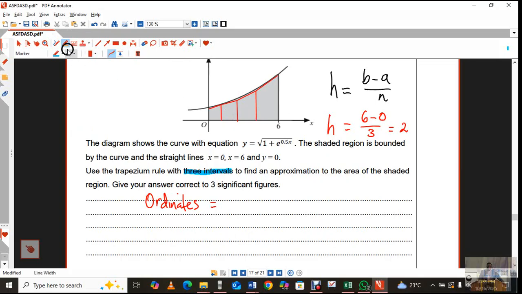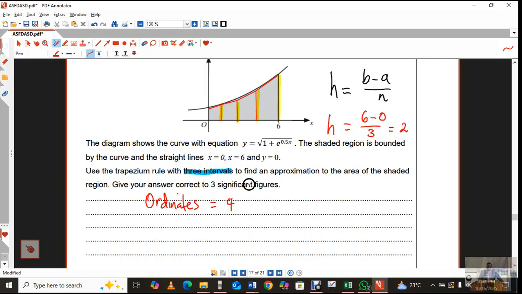In the Cartesian coordinate system, the y is the ordinate and the x is the abscissa. This is what we are referring to as the ordinates. The number of ordinates is always one more than n. So n is equal to 3, so there are going to be 4. And these are the number of trapezia that you can see. Also, you have got 4 trapezia that you can see.